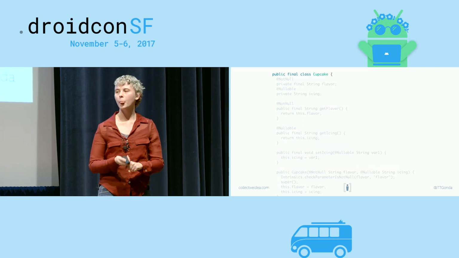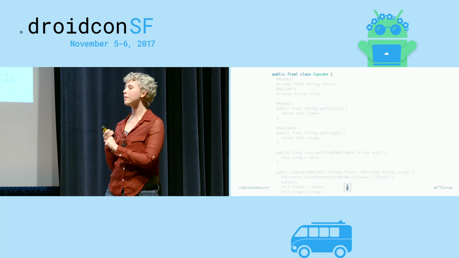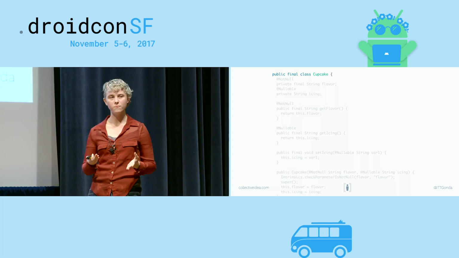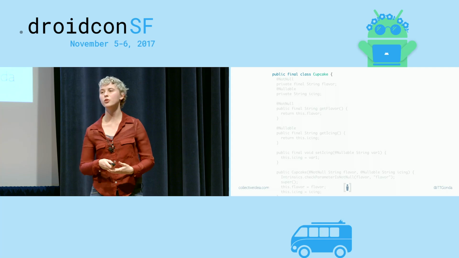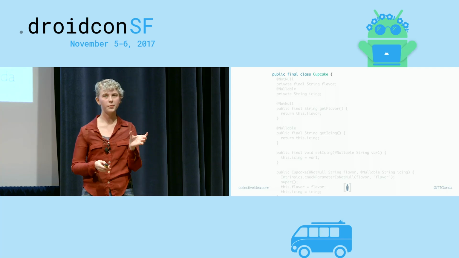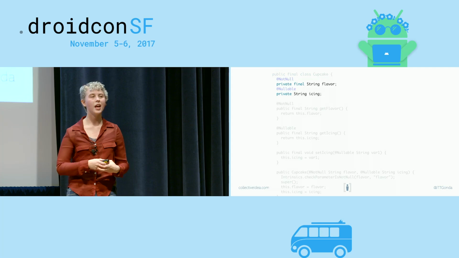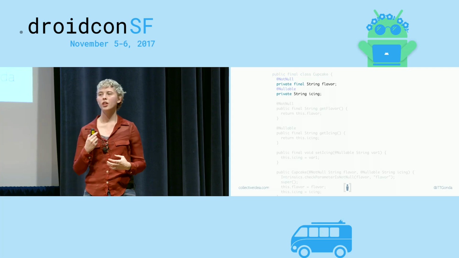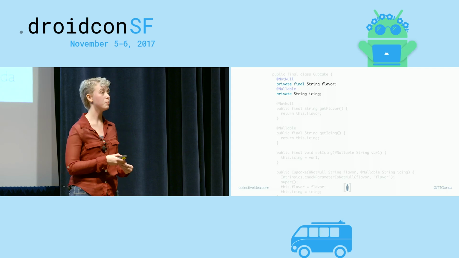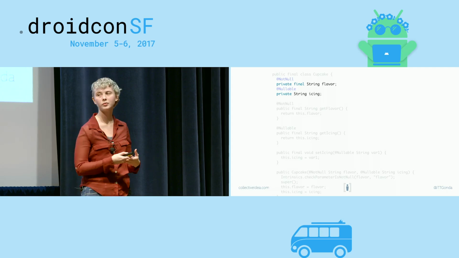To start off with, we have the public final class Cupcake. Kotlin classes are all final by default, so you can't extend them. If you need to be able to extend them, you have to mark them with the open keyword. And then we have our fields. They're both private by default. And then flavor, which we wanted to be immutable, is marked with final.